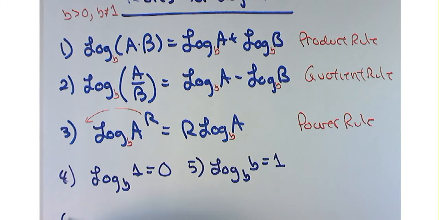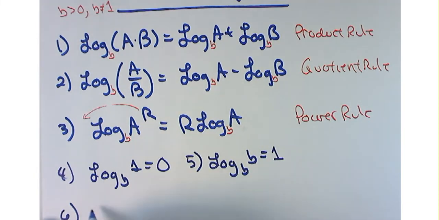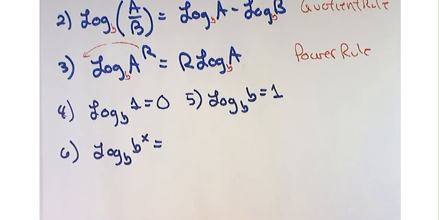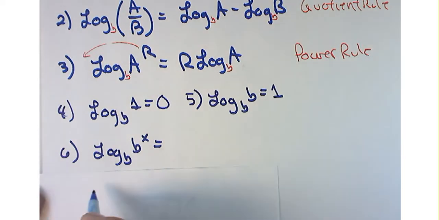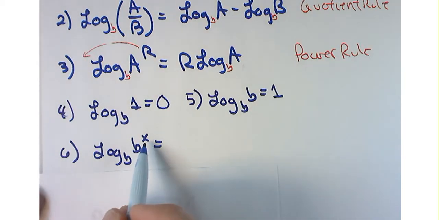Let's take a look at a couple more here. What if I had log base b of b to the x? Now, I'll show you how you can kind of prove this one with ones we've already got. One of the things we could do is use our parachute rule. That x can come out in front.